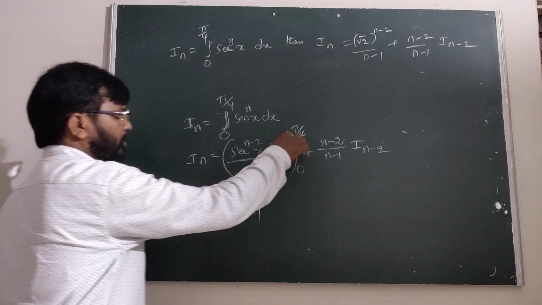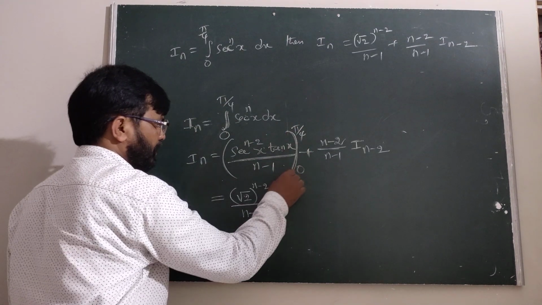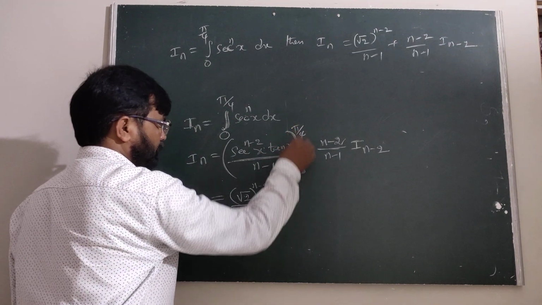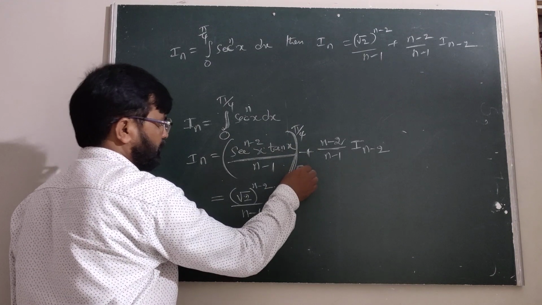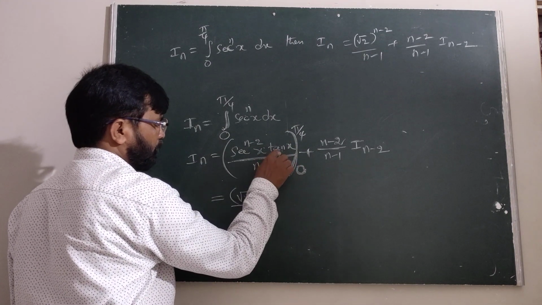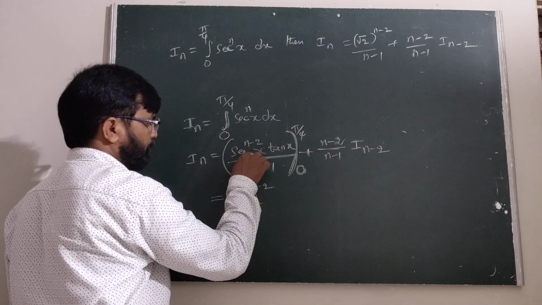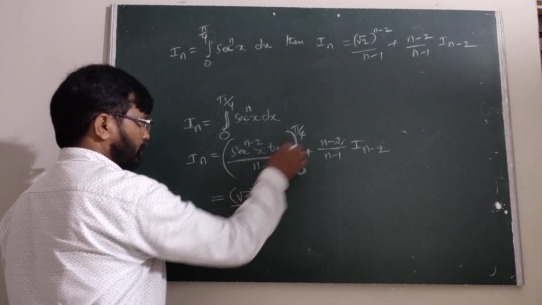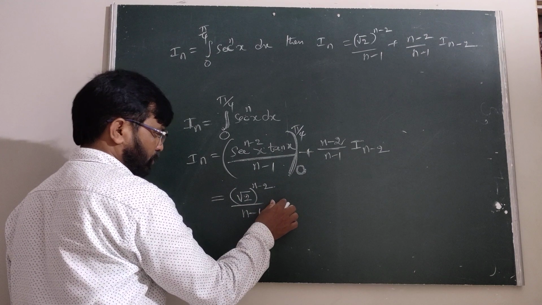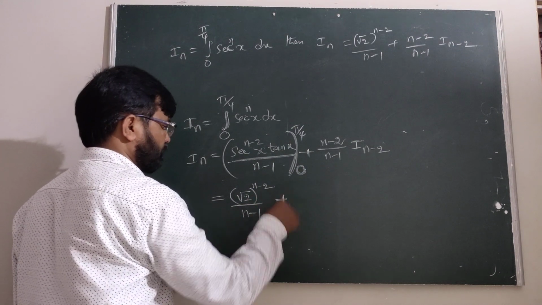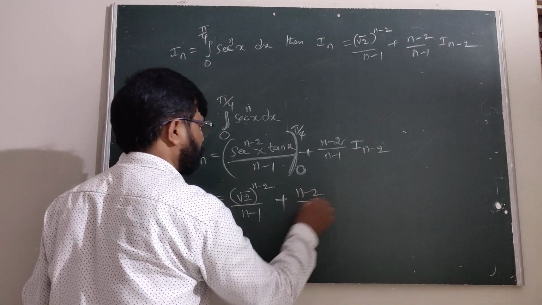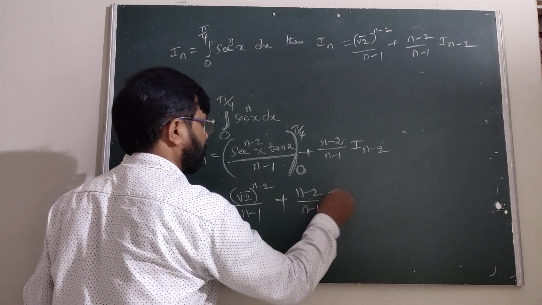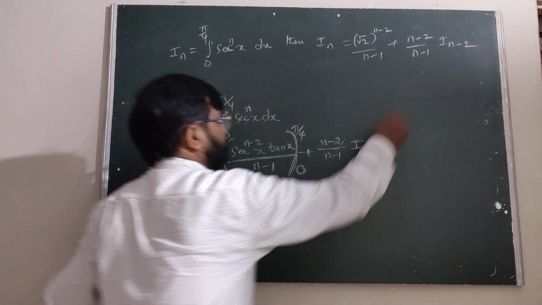When we take the lower limit, tan 0 is 0, so that term is 0. Therefore this value minus 0 plus n minus 2 upon n minus 1 In minus 2.